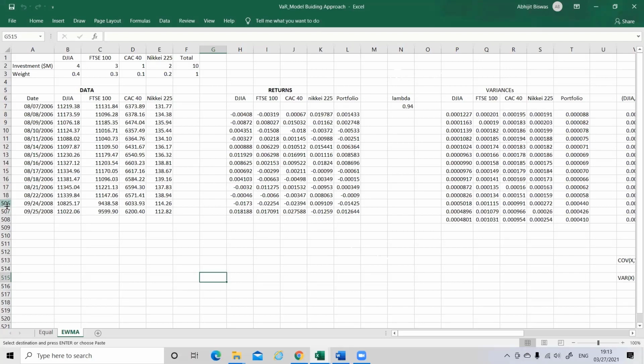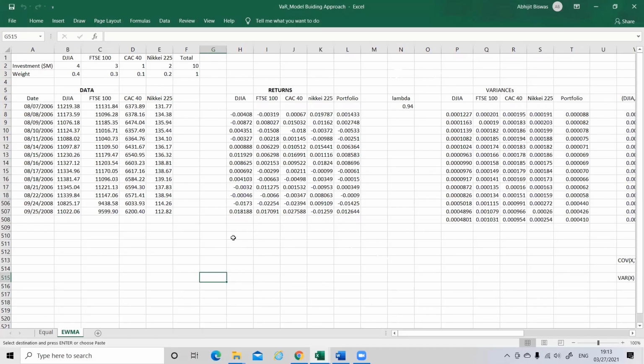You see, I have kept certain rows hidden. From 18, the next row number is 506. That means the rows in between are hidden, so that you don't have to scroll down till the end. We can view the sheet like this only.